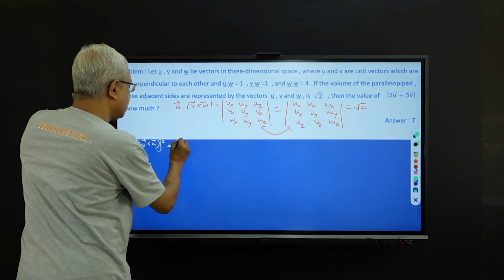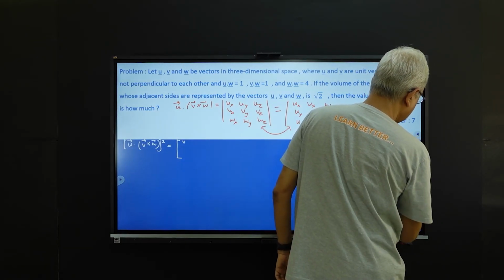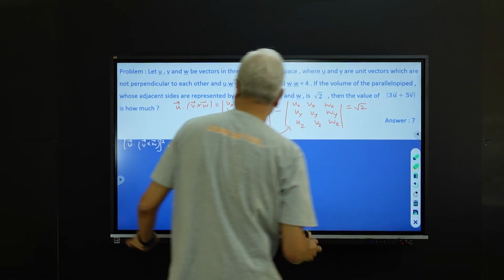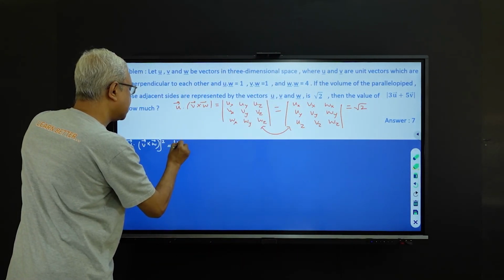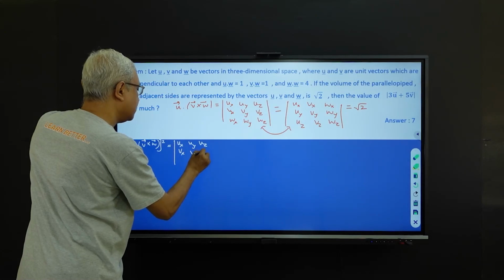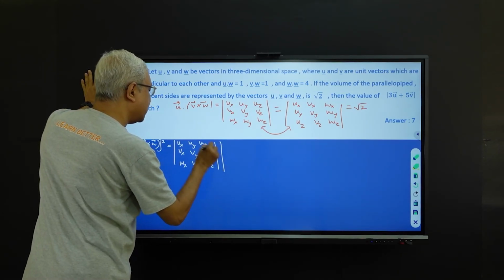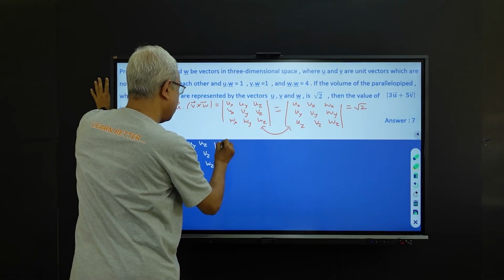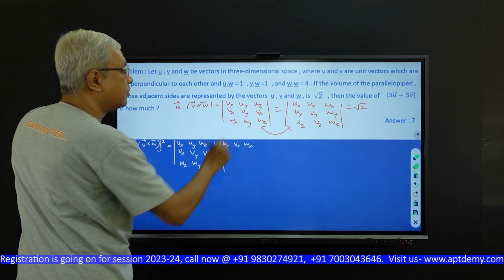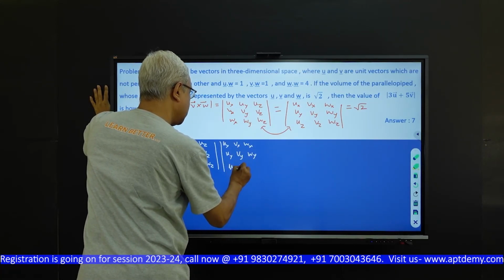I can write the determinant Ux, Uy, Uz, Vx, Vy, Vz, Wx, Wy, Wz multiplied by this determinant, which is Ux, Vx, Wx, Uy, Vy, Wy, Uz, Vz, Wz.